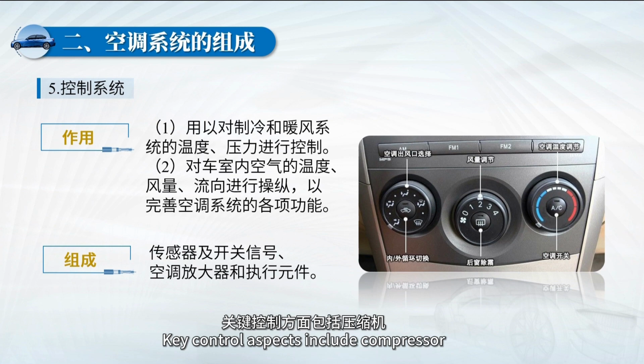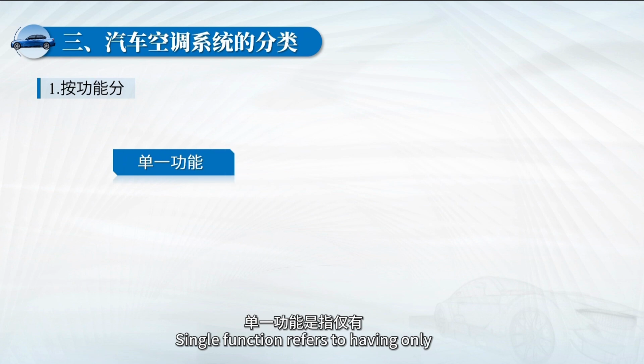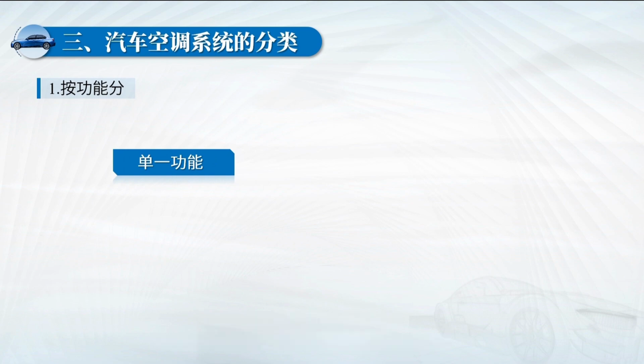Key control aspects include compressor, electromagnetic clutch, evaporator, temperature control, pressure control, cooling fan control, blower control, and other protection controls. Single function refers to having only a cooling or heating device and is mainly installed in vehicles that operate in hot or cold regions year-round.